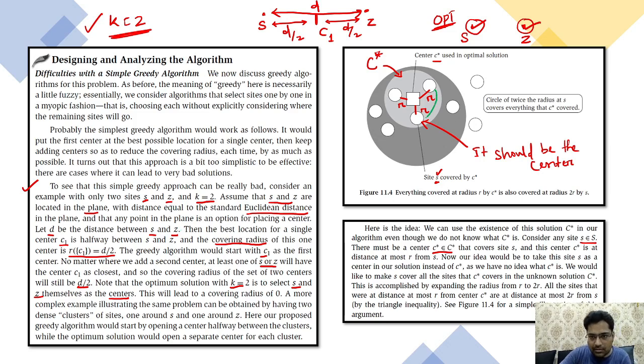For this case, triangle inequality, through triangle inequality we will select 2r instead of 1r.